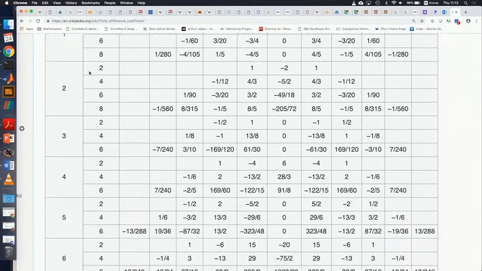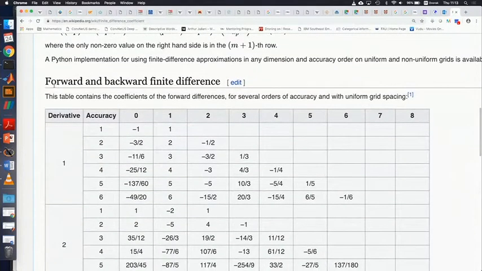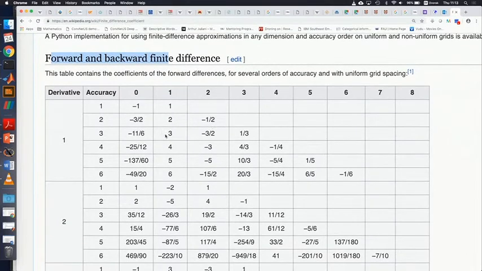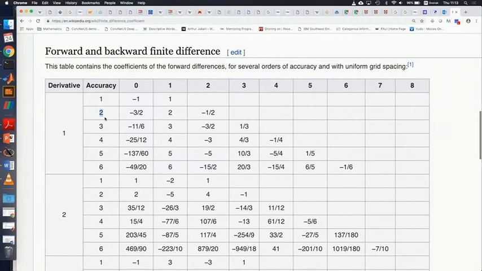If we scroll down a little, this is the odd order one-sided differences. You see this first order derivative is just go left, stay at current cell, and divide by delta x. So that's exactly what we wrote, phi j minus phi j minus 1 over delta x. If we want to use a second order accurate one-sided derivative, that's one possibility.